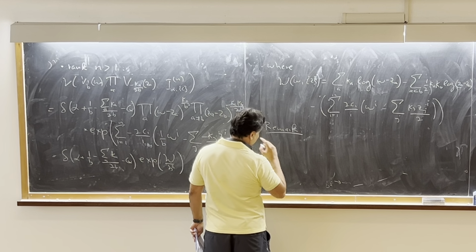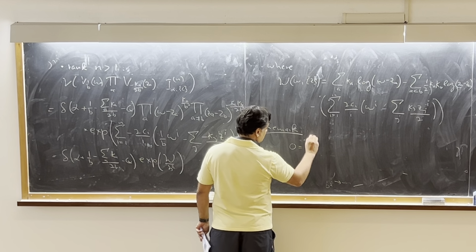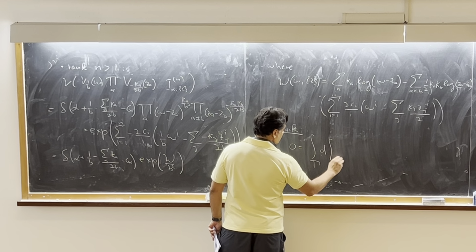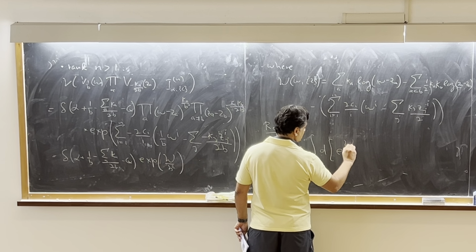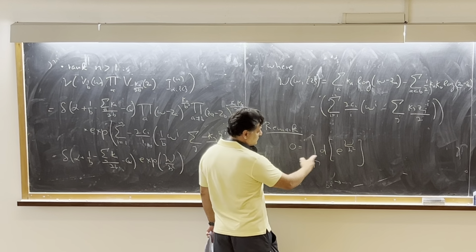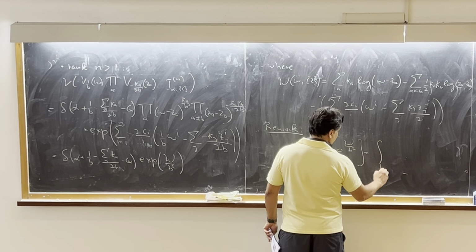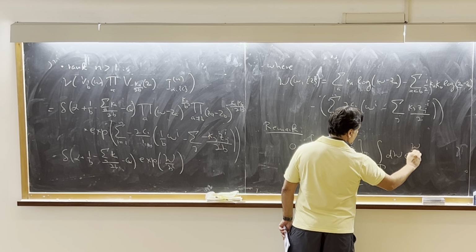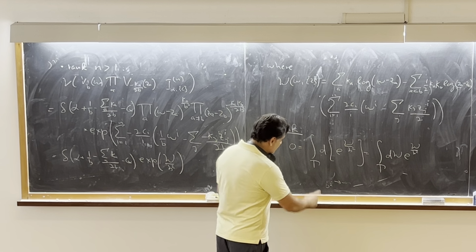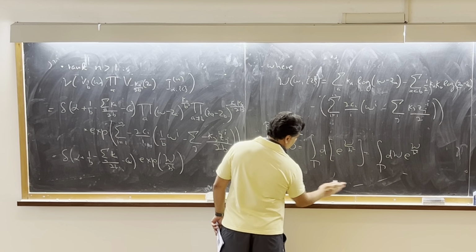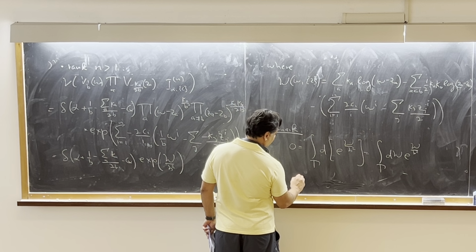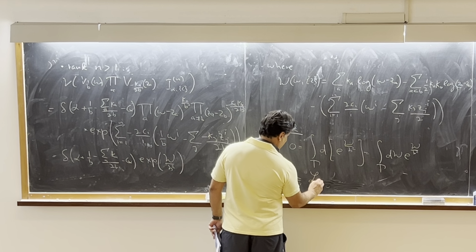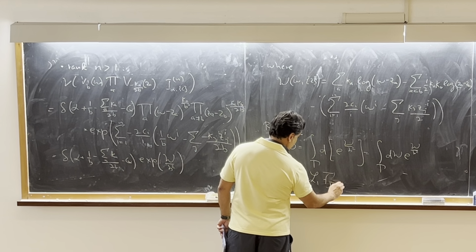And one remark here is that if you, for example, evaluate this kind of expression, because this is 0, then this is basically dW e to the W over b squared. This is basically equivalent to L1 acting on this conformal block F gamma.